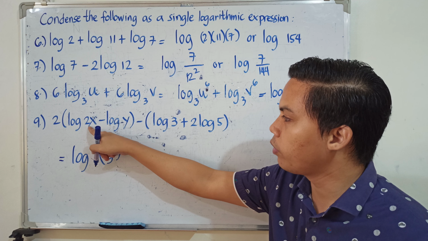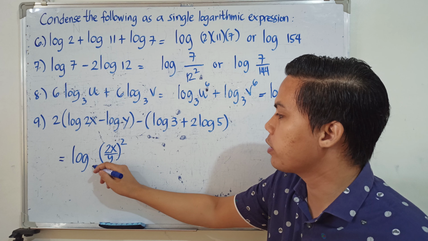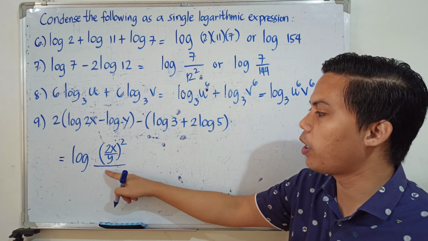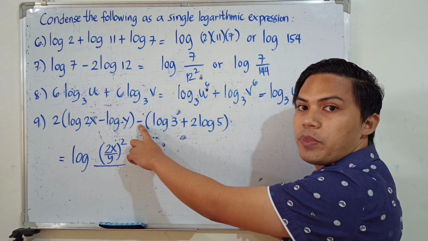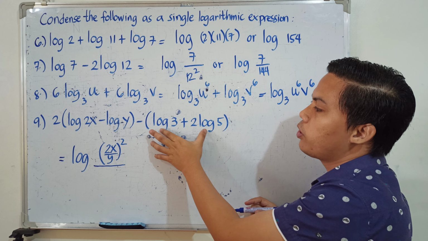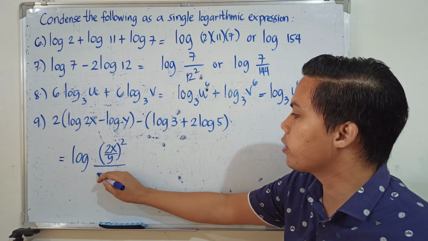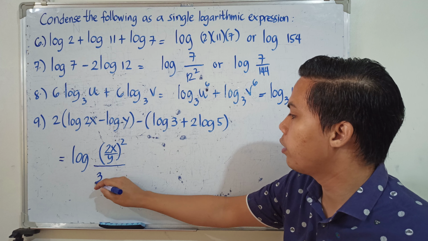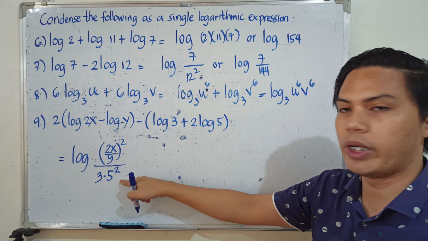So, it will become the logarithm of 2x over y. Okay, next. Divided by. So, bakit may division dito? Kasi the next operation is still subtraction. So how about this one? How are we going to represent this one? So it will be represented as 3 times 5 squared.